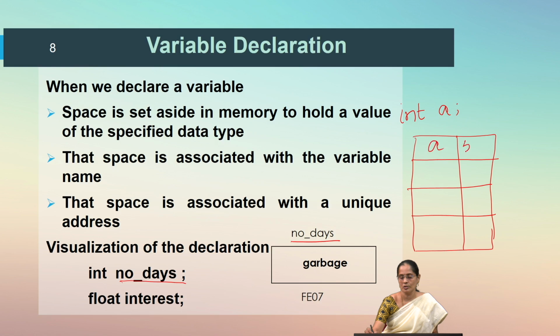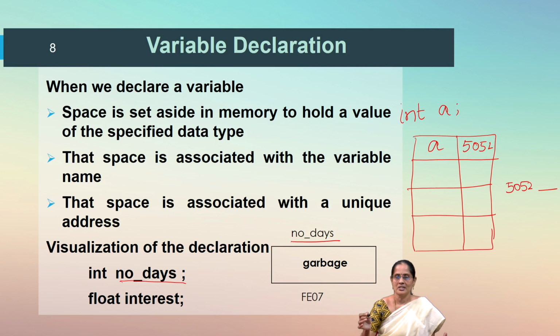Let me assume that address to be 5052. The value of that variable will exist at this address. So the compiler is given the instruction that the variable a is mapped to the address 5052, and in that memory location 5052, you can find the value of a.